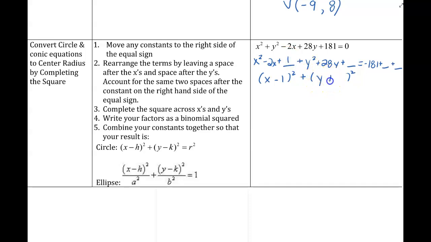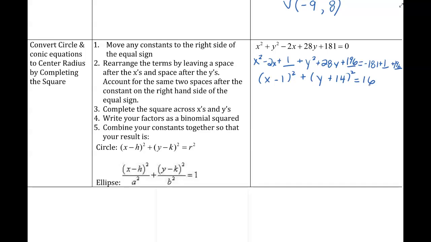We drop down the variable of y, half of 28 is 14. Square the 14 to get 196. What we add to one side, we add to the other. So I'm going to be adding a 1 and a 196. And when I combine all those terms together on the right, those would add up to a 16.